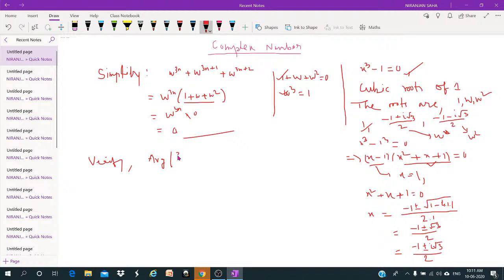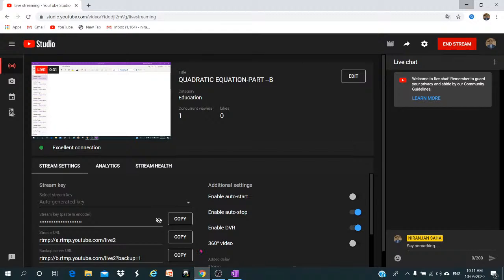The argument of the quotient of two complex numbers z1 by z2 is equal to argument of z1 minus argument of z2. So we have to verify whether this is true or not. It is proved by geometric means, geometrical properties. But we will verify taking z1 and z2 two complex numbers and try to solve it.